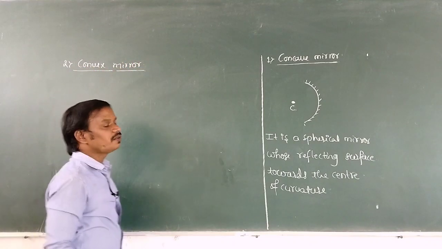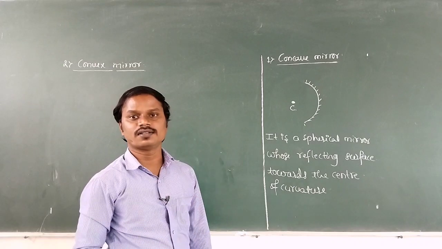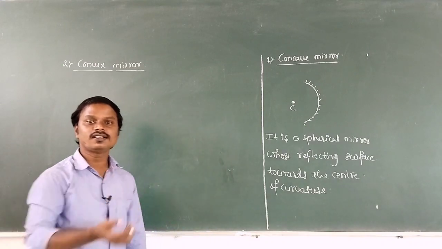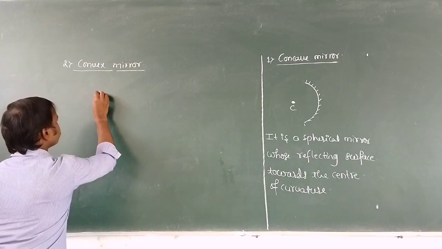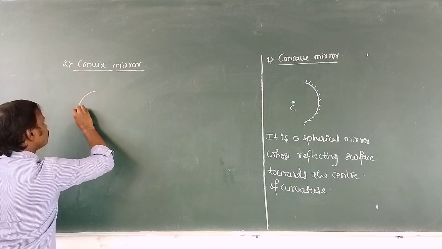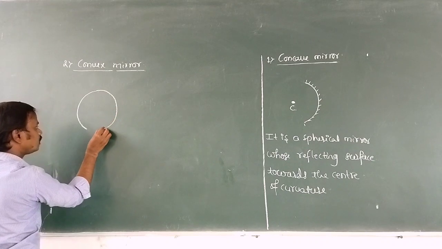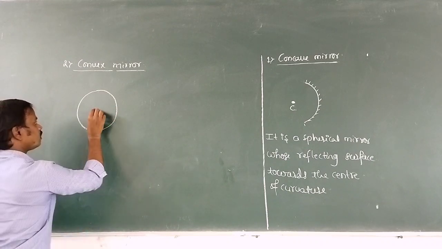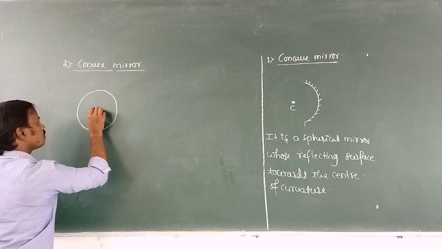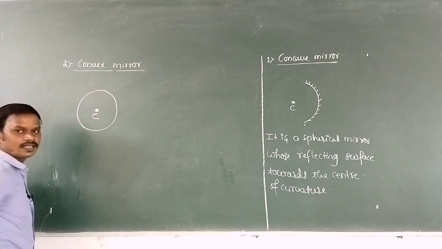In case of concave mirror, the outer surface is silvered, but in case of convex mirror, the inner surface is silvered. Let us draw the sphere. It is this sphere. Now, it is the center of the sphere. Let us take it as C.